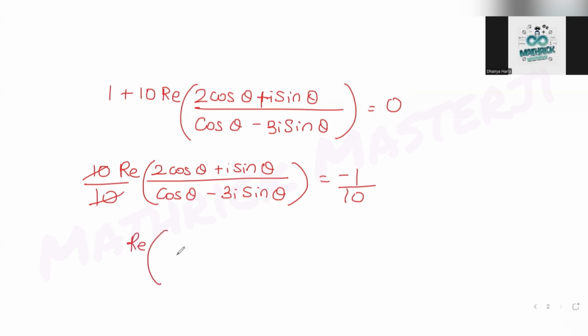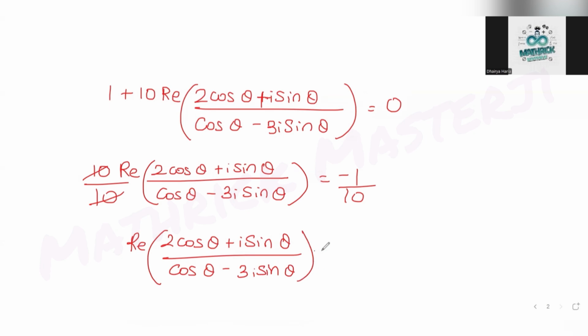Dividing both sides by 10, the real part of the whole complex number given to us is equal to minus 1 over 10.